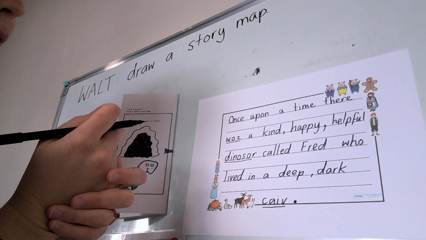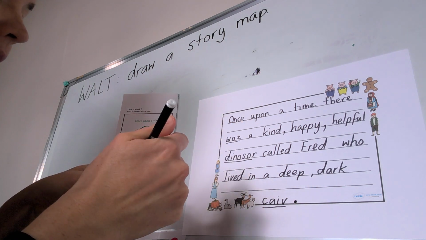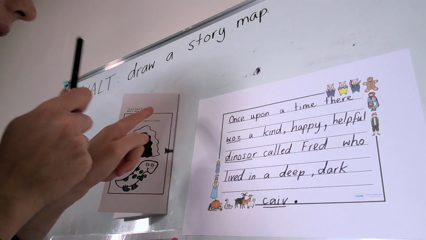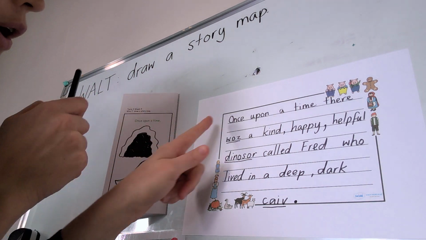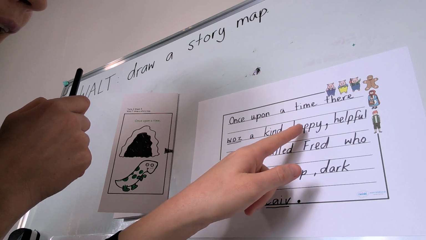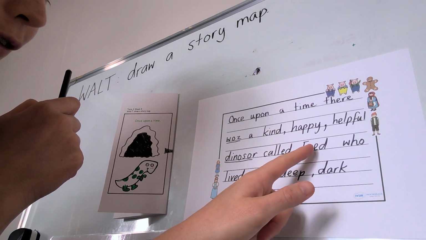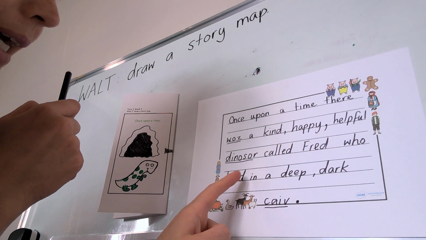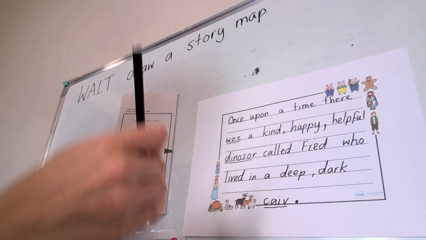Now we need to check our writing. Does it have a capital letter? Yes, and I've copied, like I said, once upon a time from here. So, once upon a time there was a kind, happy, helpful dinosaur called Fred, who lived in a deep, dark cave.